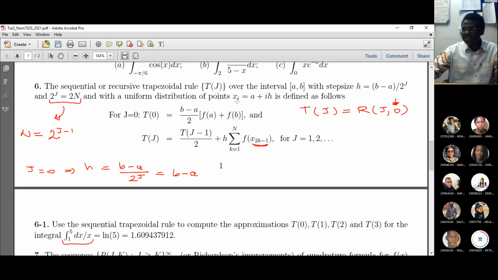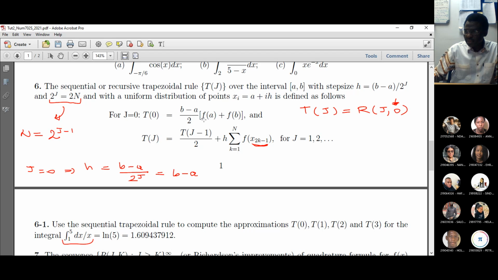And we also need to compute the uniformly distributed points. In any case, we know that n is 2 to the j minus 1, so that's not a problem. And h is this. So actually what we need is b, a, and f. Are we together?